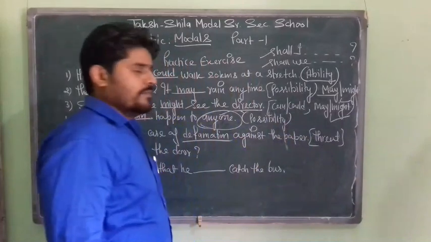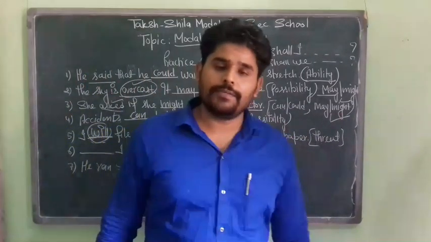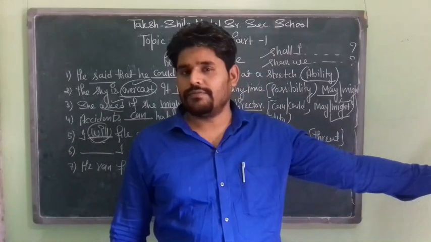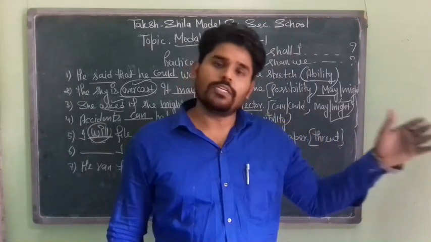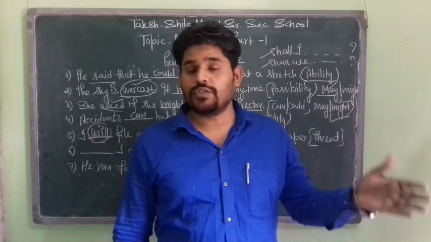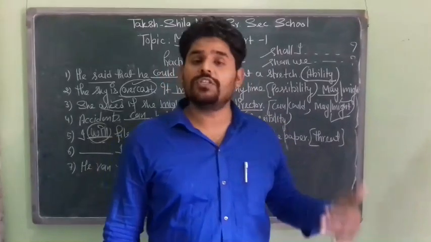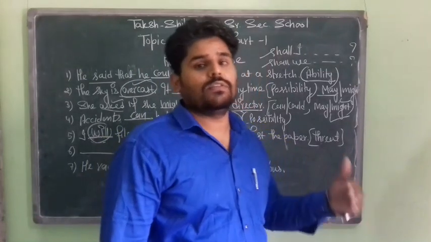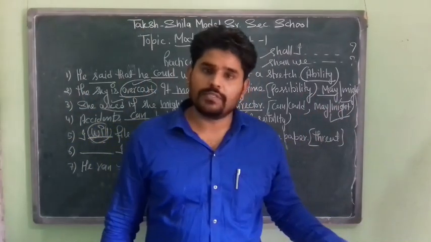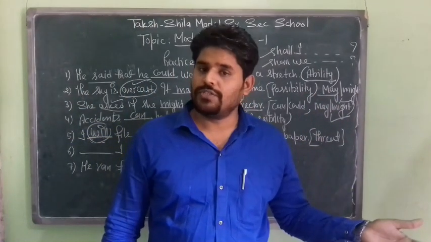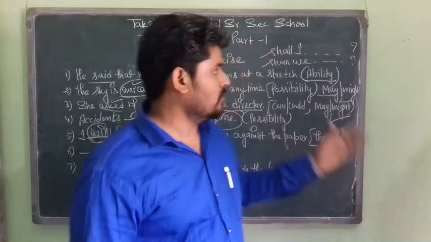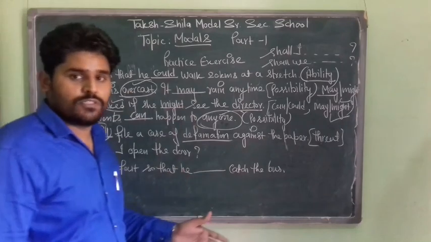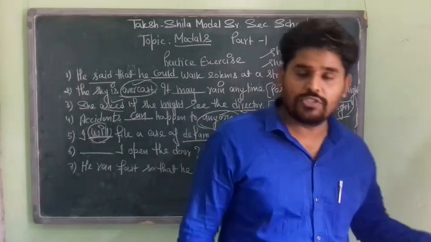When I ask somebody, shall I bring you a glass of water, I just want to ask that person if that person wants me to go and bring him a glass of water. Means I'm asking that person the suggestion if he or she wants a glass of water. So this is called the use of expressing suggestion, especially with the use of shall.